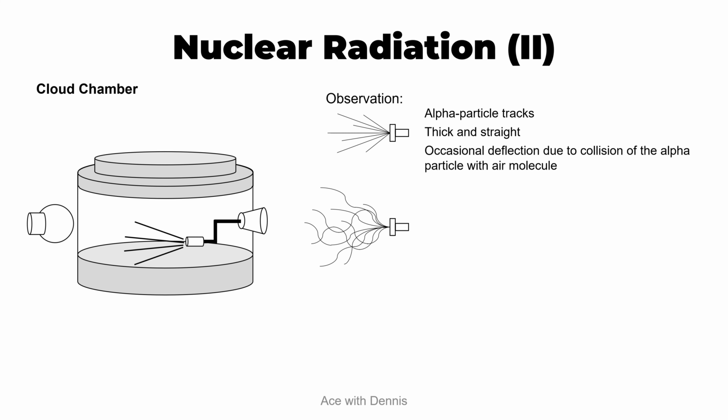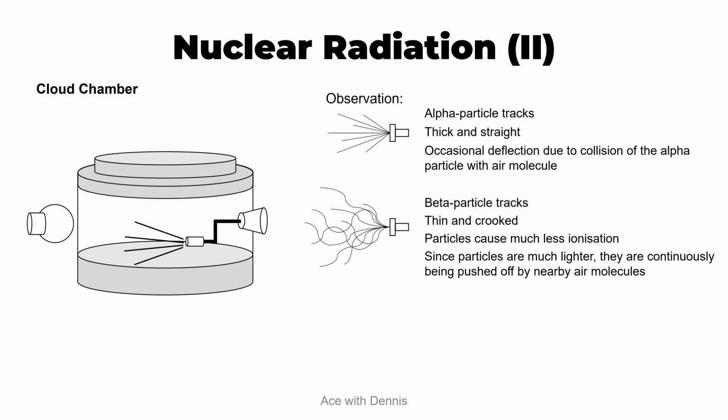The second track pattern is in this manner, which tells us it is beta particle tracks. The pattern is thin and crooked. The particles cause much less ionization. Since beta particles are much lighter, they are continuously being pushed off by nearby air molecules.